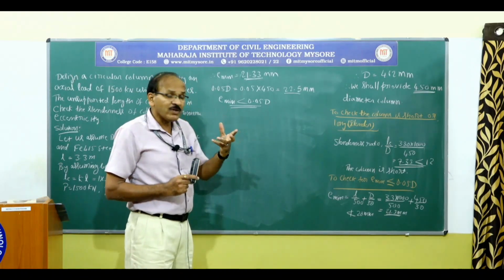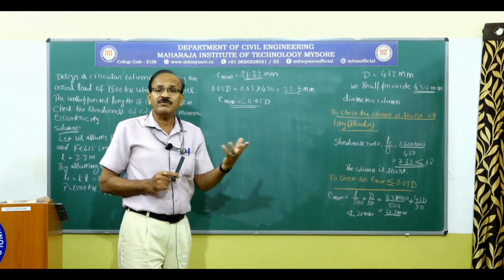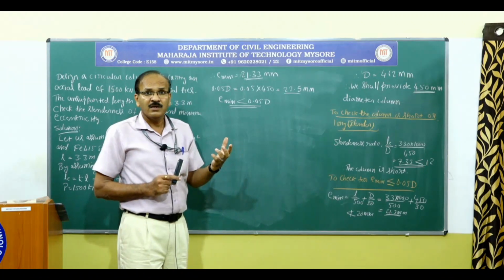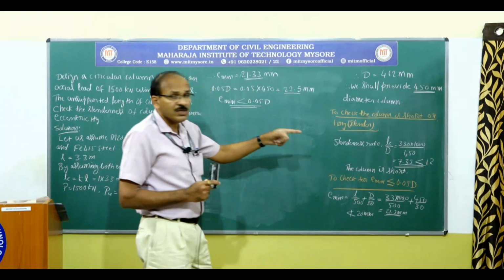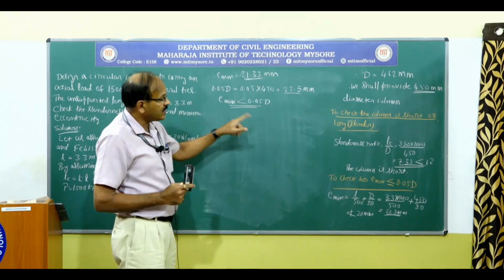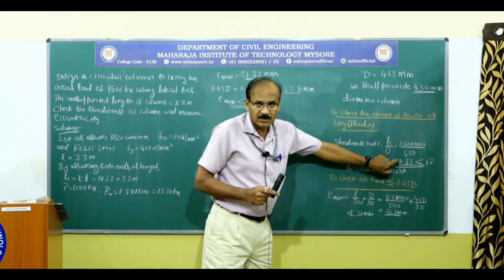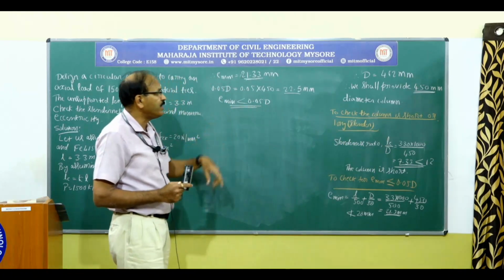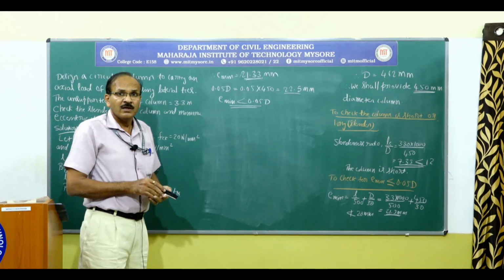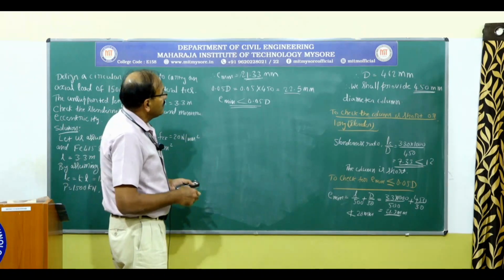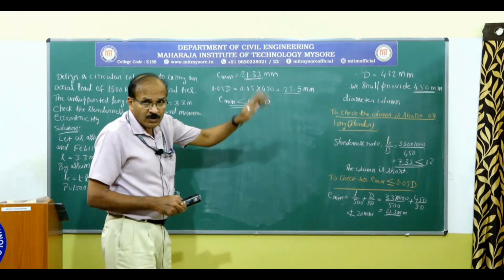So based on that, once we calculated the diameter of the column required, we went back and checked for this. That means our job was to satisfy these two conditions, which we did just now. 7.33 is less than 12 and E minimum is less than 0.05 D. Okay. Next. So these steps are over.